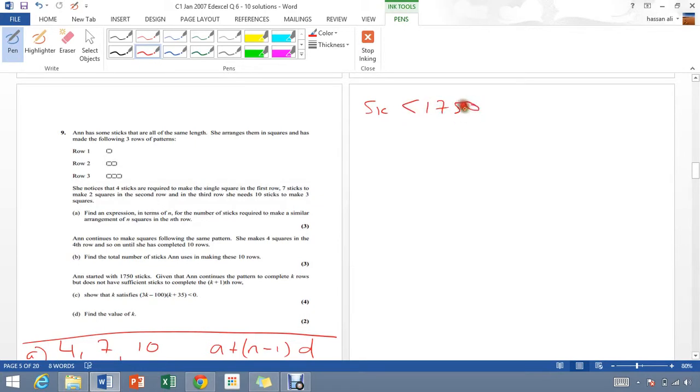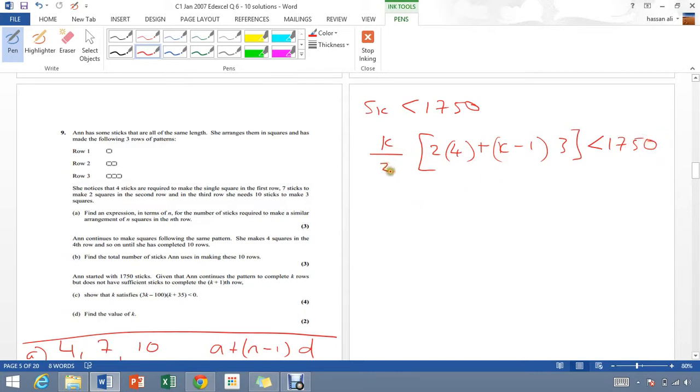It's the same formula that we used. So we use k, again 2a plus your k minus 1, and then times your d, which is 3, and all of this has to be less than 1,750. So it's an inequality in here as well.